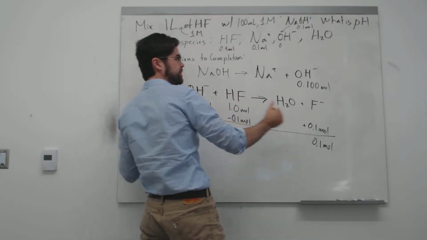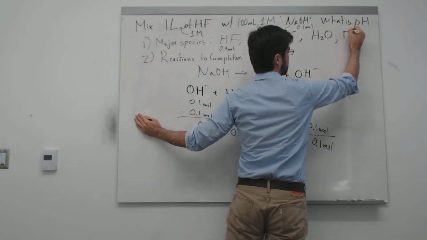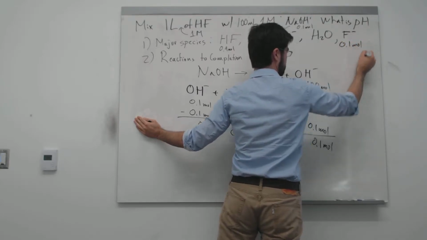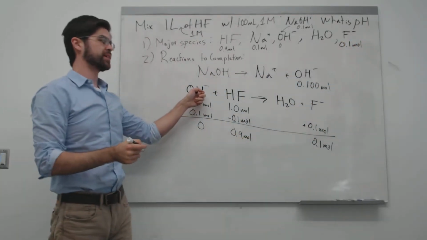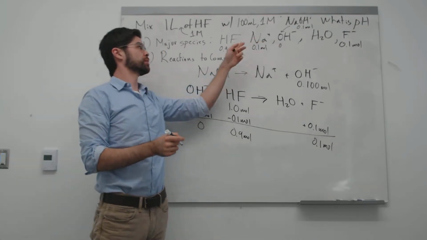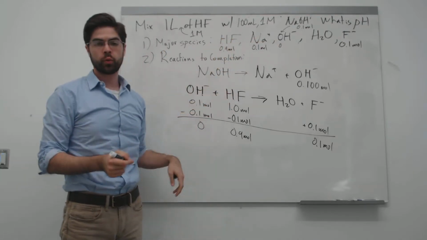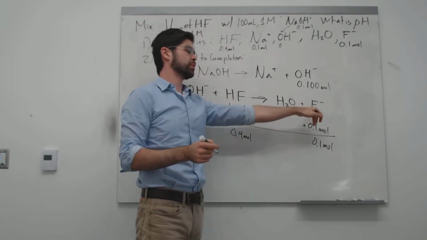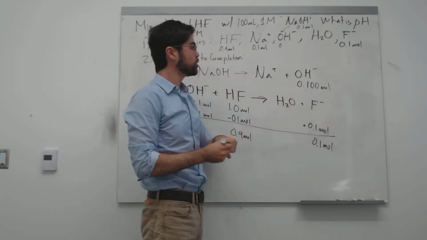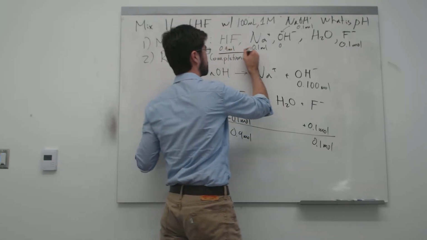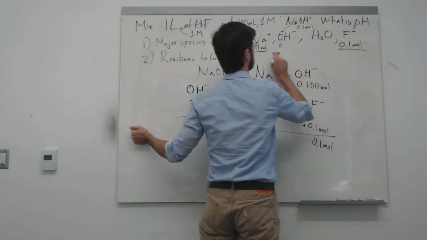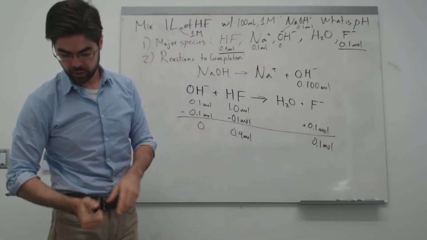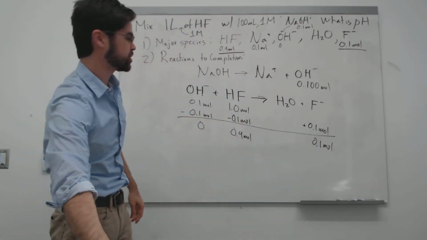And I now also have an appreciable amount of fluoride ions present. Those were generated by the addition of the strong base to the weak acid. Some of the weak acid donates its proton and becomes fluoride. So now these are the species that I have in solution, and those are the key quantities. Those are the reactions that go to completion.